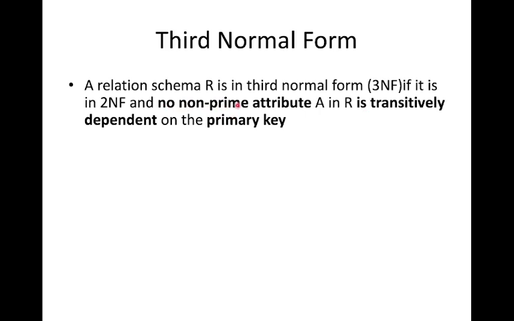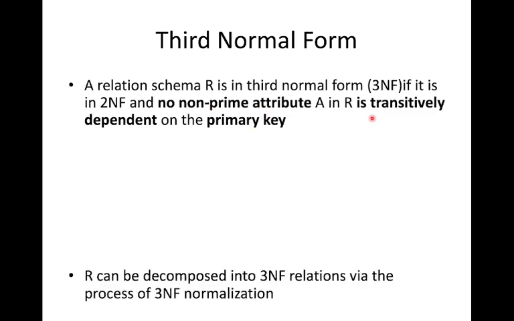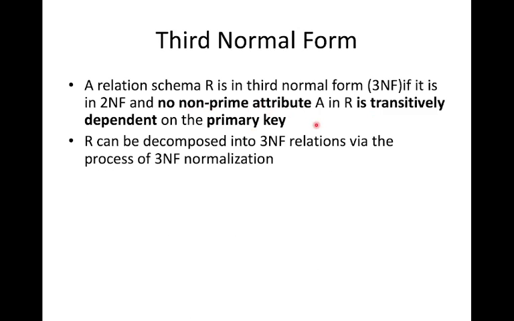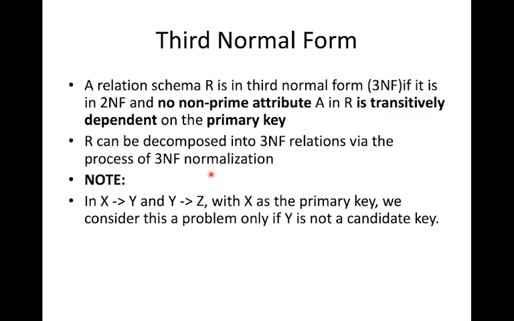So all the non-prime attributes should be fully functionally dependent on the primary key. That is, no non-prime attribute should be transitively dependent on the primary key. If it is not in third normal form, R can be decomposed into 3NF relations by the process of 3NF normalization. Again, the same thing we will be doing.